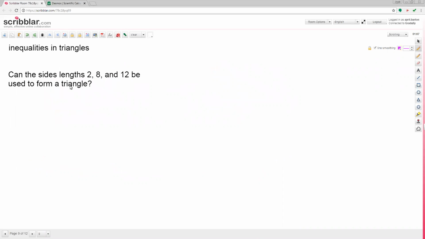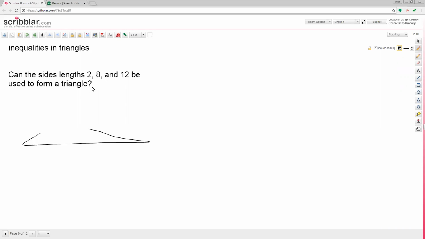So then inequalities in triangles also includes deciding if 3 different side lengths could make a triangle. There will be questions asking, name it from largest to smallest, or it'll just say, can you use 2, 8, and 12, and can that actually be a triangle? So what happens is the biggest side, if the other 2 sides are too small, they're never going to touch each other to make a triangle.